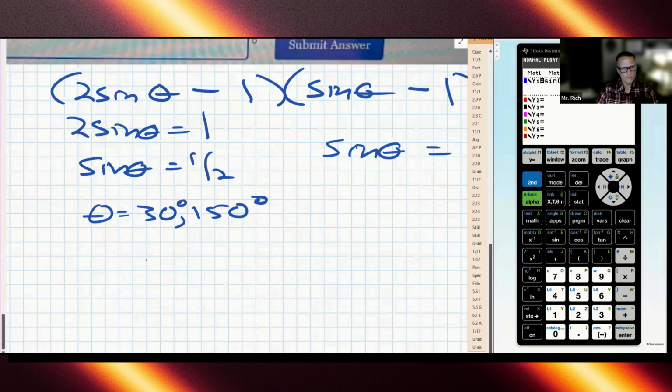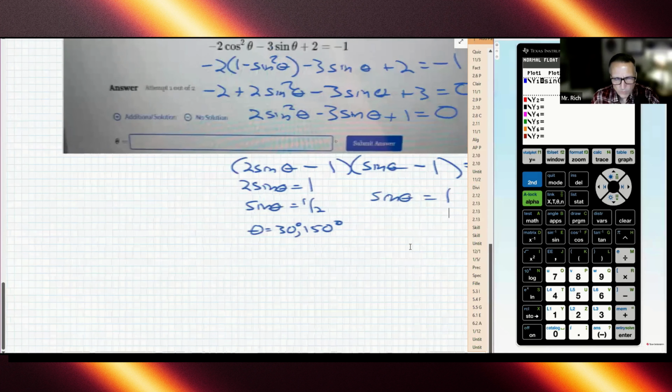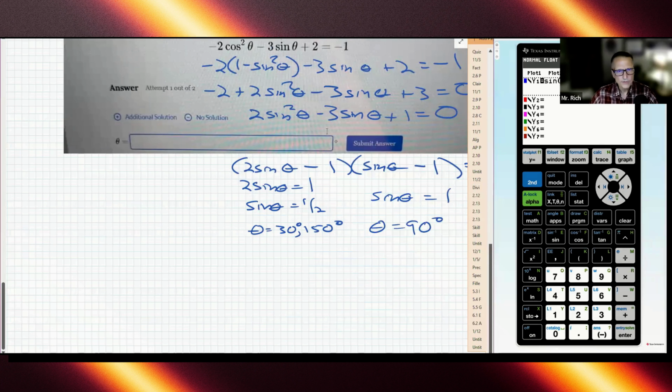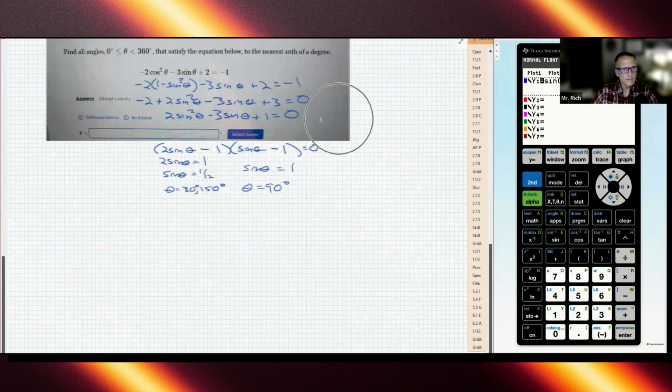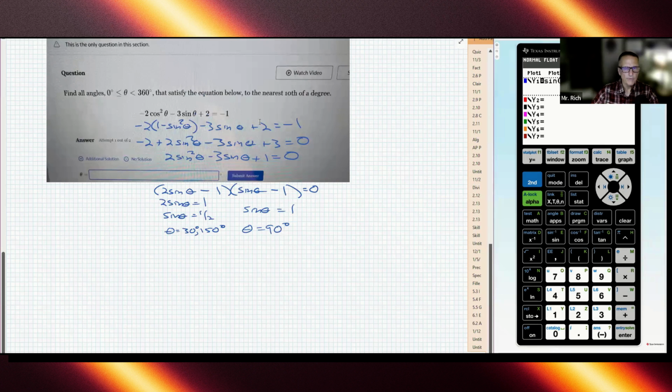In my unit circle, yes. So 30 and 150. And then sine theta is going to be 1 at 90 degrees. And those would be your 3 answers. They want it in degrees, which is a little bit weird. And we don't need to do tenths of a degree because those are going to be the exact values.